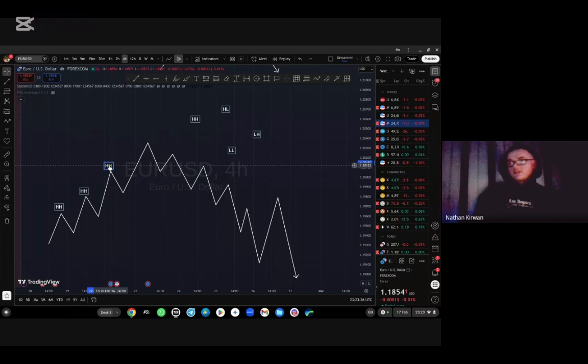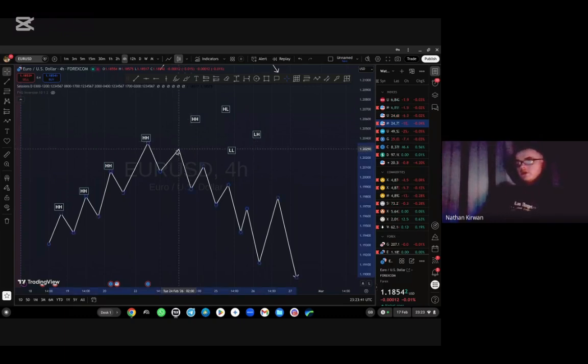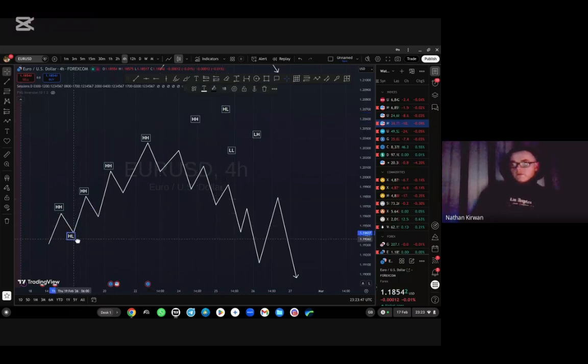Pretty self-explanatory. Then you have your higher low. Why? Because this low is higher than that one. Simple. This low is higher than that one. This low is still higher than that one.